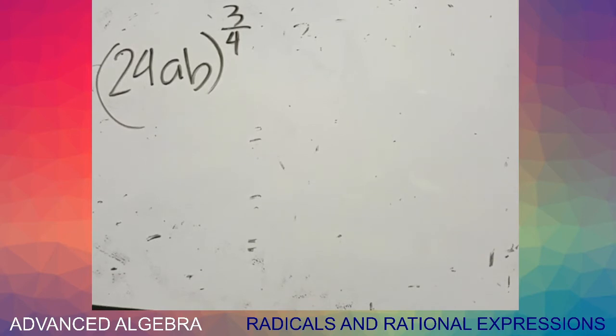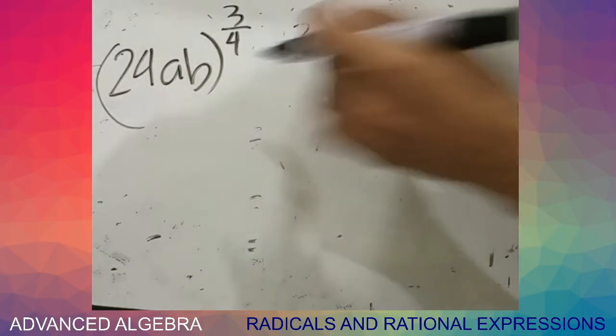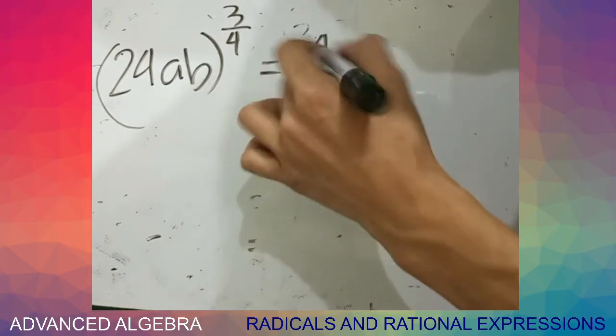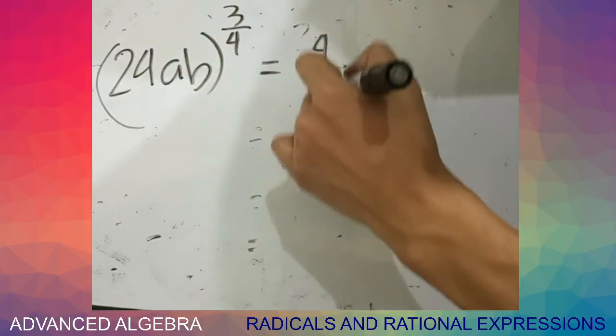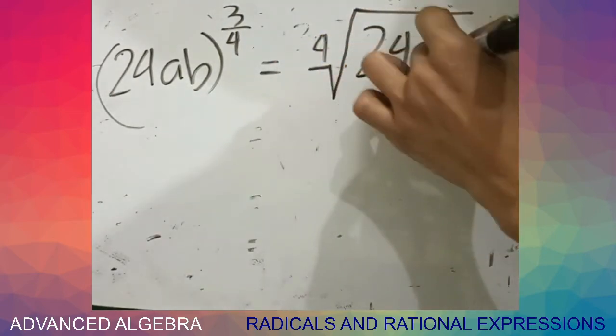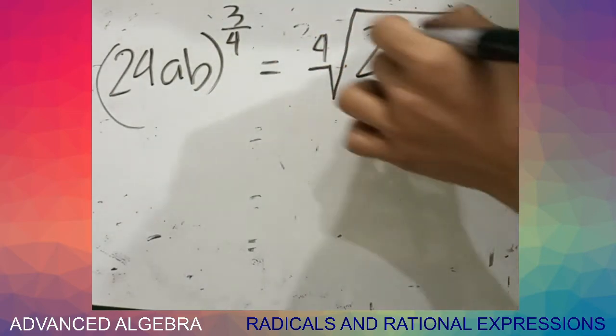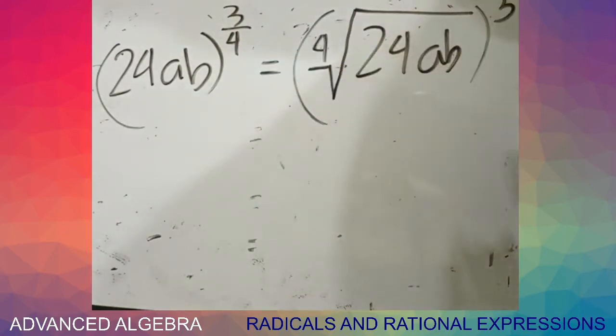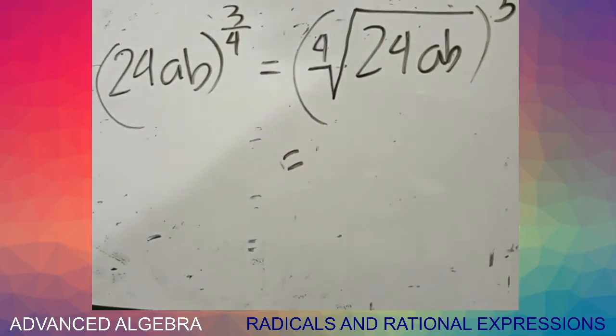So anong una natin gagawin? Possible natin yung unang gawin is i-convert naman natin siya into radicals. So, magiging fourth root, tapos 24ab, tapos cube. Okay.